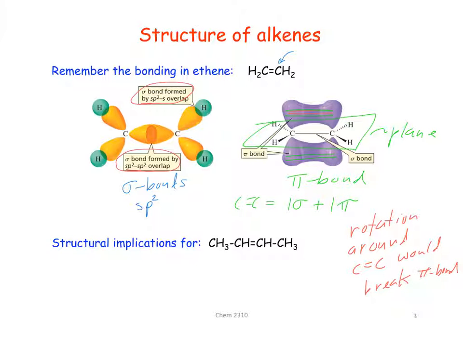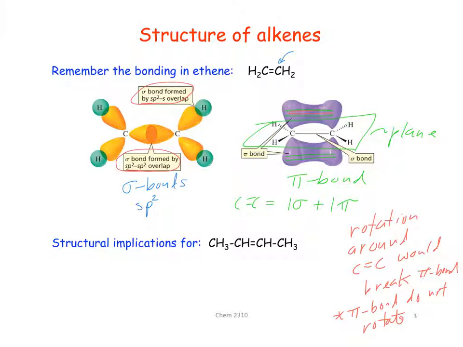So under normal conditions, pi bonds do not rotate. And this leads to the possibility of stereoisomers. I know I introduced this earlier, but let's look at it again.